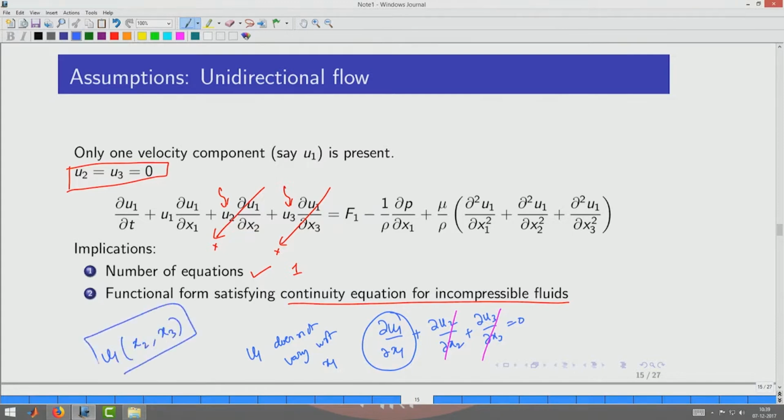So, you can already see what kind of a functional form is applicable whenever we choose the flow to be unidirectional, assuming that it is an incompressible fluid. Okay. So, immediately we can see that simplifications are coming up.